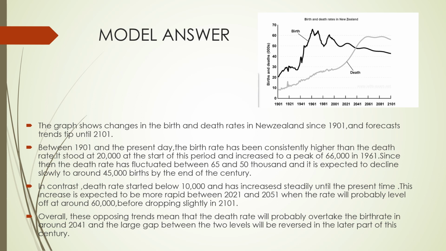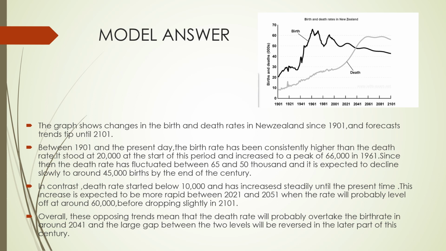Since then, the birth rate has fluctuated between 65 and 50, and it is expected to decline slowly to around 45,000 births by the end of the century, right? So it might decrease. You can see the decrease over here, right?